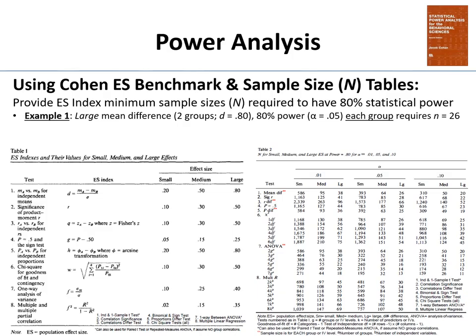Let's go back to example 1, which was expecting a large mean difference. You've got 2 groups, so you're going to be doing a t-test, probably an independent samples t-test. You want 80% power, and you're going to keep alpha at 0.05. What is the sample size you need for each group? Row 1 of the table on the left shows us that the effect size index that we should use is Cohen's d.